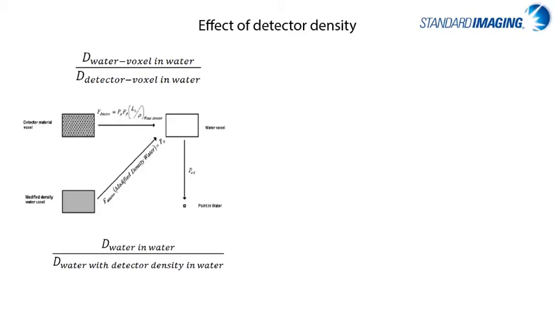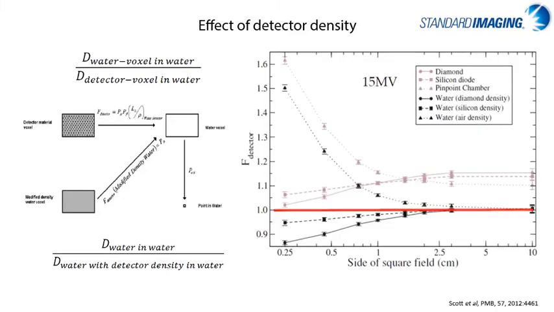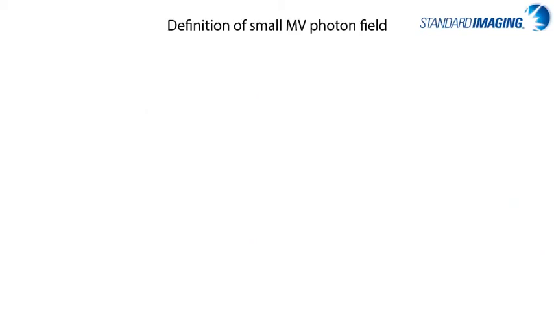This graph shows a Monte Carlo study of the influence of the detector composition as a function of field size, and it is clear by first looking at the tan lines in this graph that the traditional detectors, especially the ion chambers, have a substantial effect in small fields less than 2 cm square because of the non-water equivalence of their components. The diamond and diode detectors are better, although there is still up to a 10% effect at very, very small field sizes.